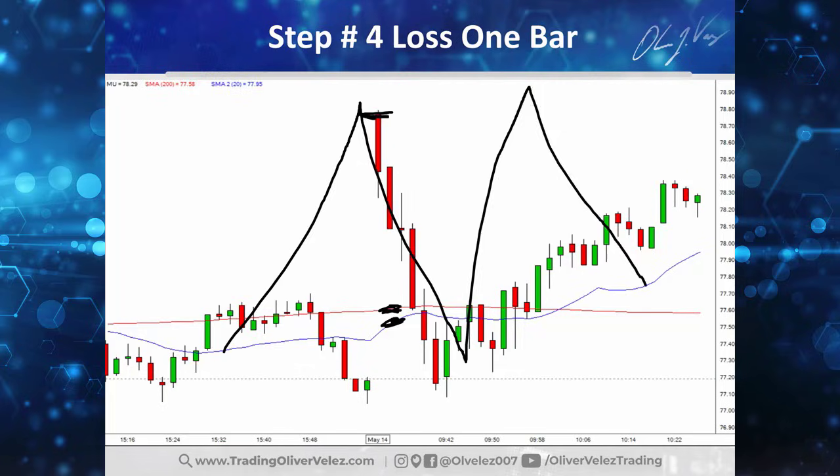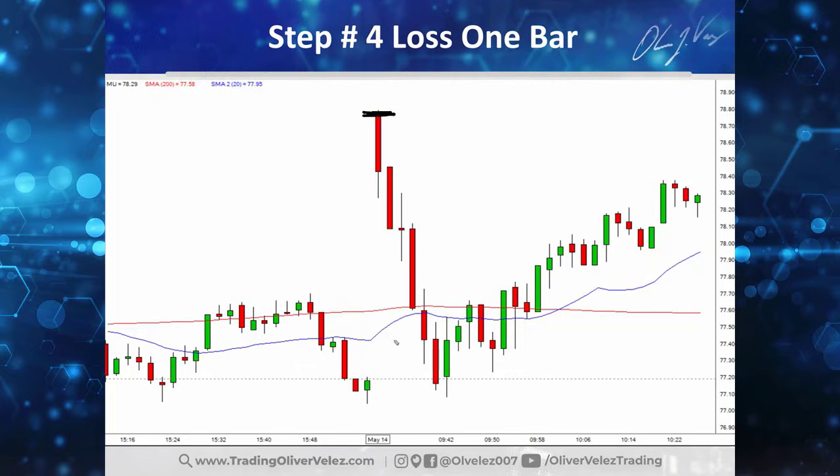So in this case, MU opens far away and then gives my traders a red bar. Remember, I want them jumping into surge bars. Do you remember that? We do color changes and surge bars. I want them jumping into surge bars.